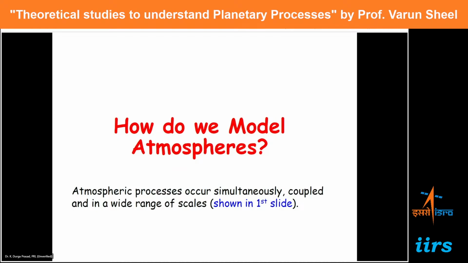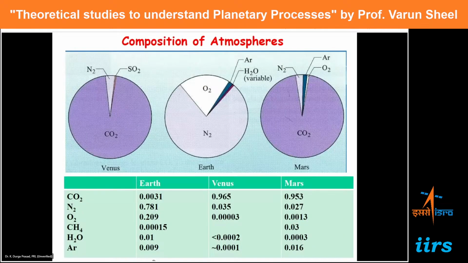If we want to do this mathematically, we need to solve certain equations with some boundary conditions and parameters. Now we will see, if we want to solve this or model the atmosphere, how we can do it. The first thing that is important to understand for modeling the atmosphere is the composition.